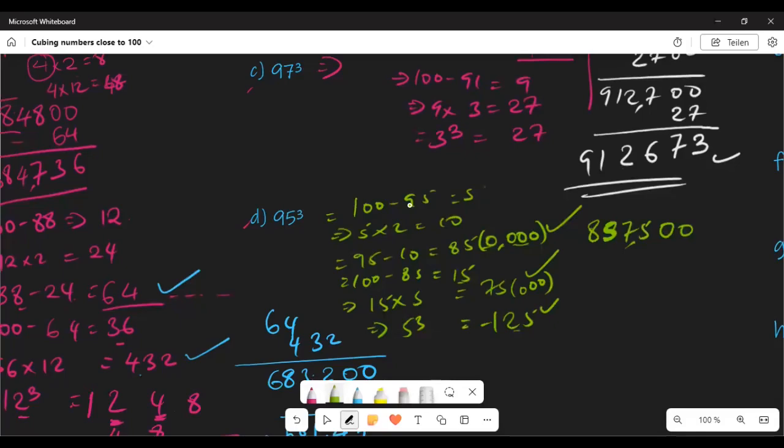And then we subtract 125. So here we have 5. Here we have 7. And then here we have 4 minus 1 will give us 3. Then we have 7, 8, 5.